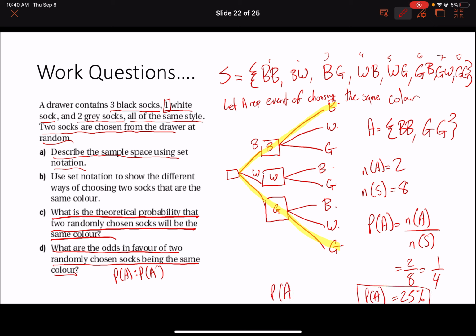P of not A is equal to 0.75. So P of A to not A is 0.25 to 0.75, which is 25 to 75, which is, dividing both sides by 25, 1 to 3. So the odds in favor is 1 to 3. Well, not that likely, because there's so many other different combinations right here.